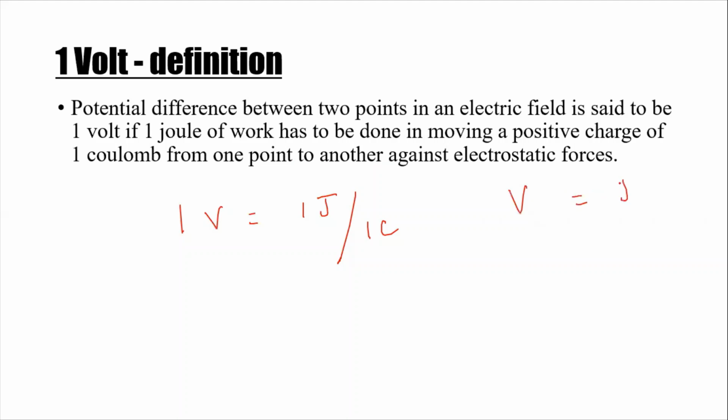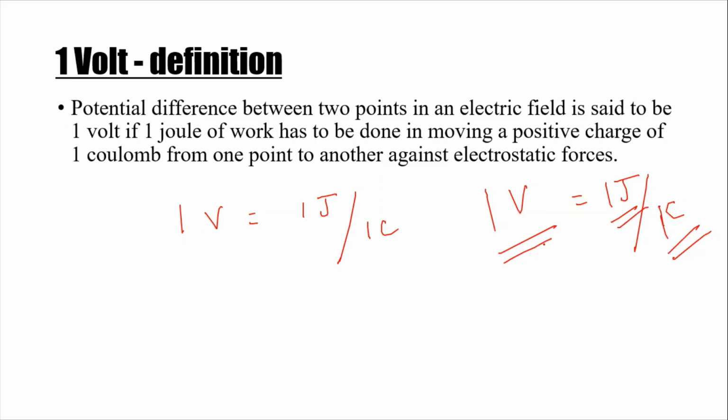So here volt is equal to joule per coulomb. Now substitute 1 in each case. So 1 volt is the potential difference between 2 points in an electric field if 1 joule of work has to be done in moving a charge of 1 coulomb from one point to another against the electrostatic forces.